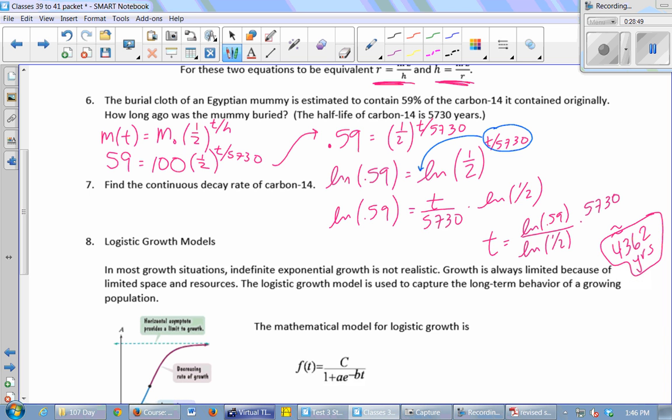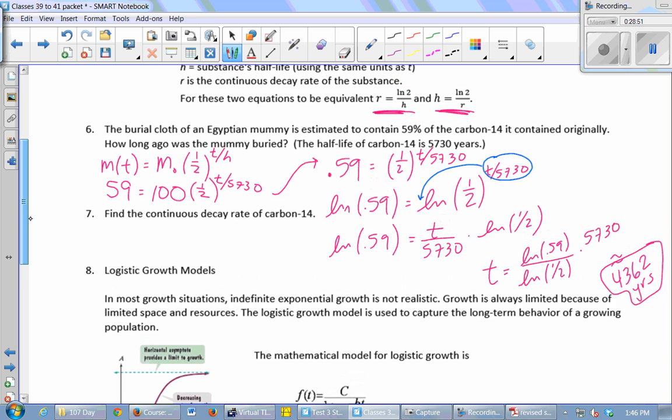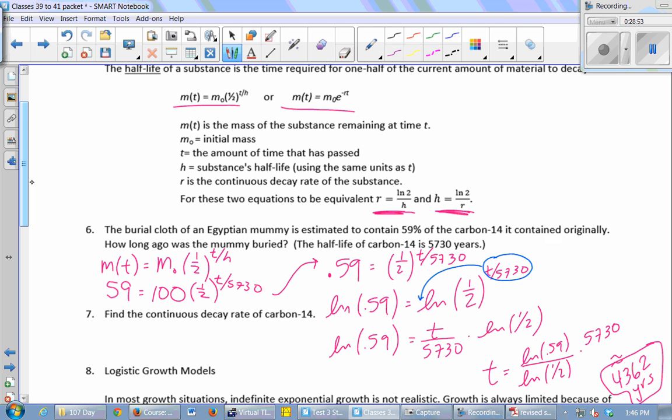All right, so if I want to find the continuous decay rate of carbon-14, that means I want to find the R value that goes in the other formula. And I just find that by doing R is the ln of 2 divided by H. Okay, so R is my continuous decay rate.